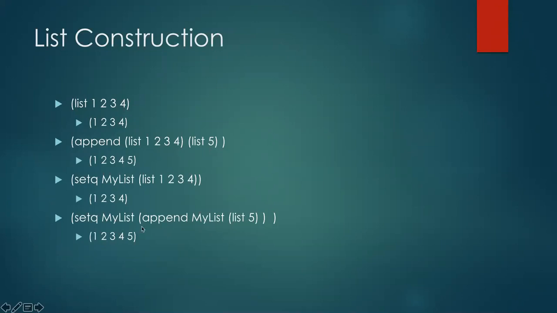I hope I don't have that confused. But notice, by simply saying append my list with this new member list 5, that didn't actually change the variable myList. I have to take the result of this append and then feed that to the setq statement. So now my variable myList is equal to the original value plus the new value.